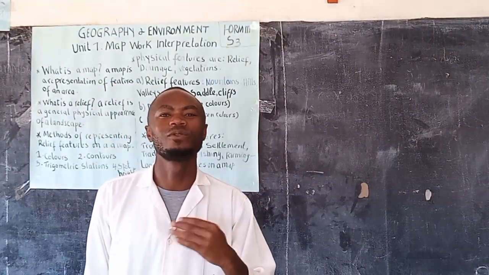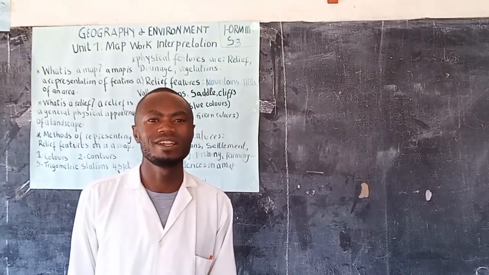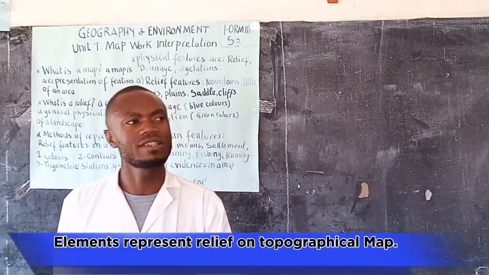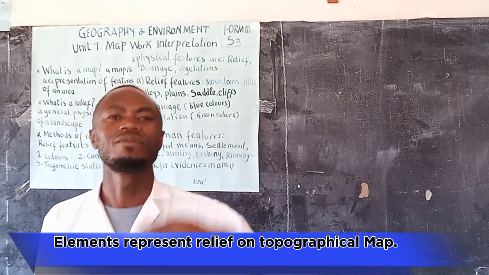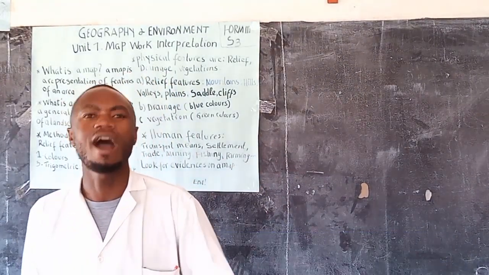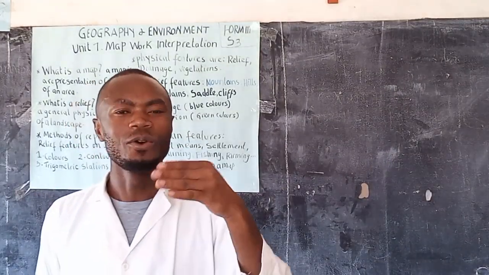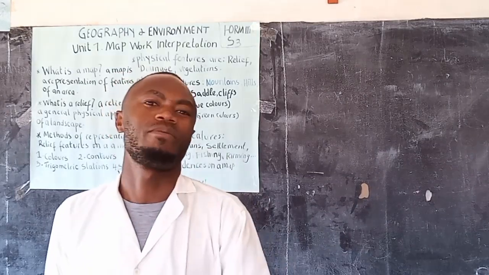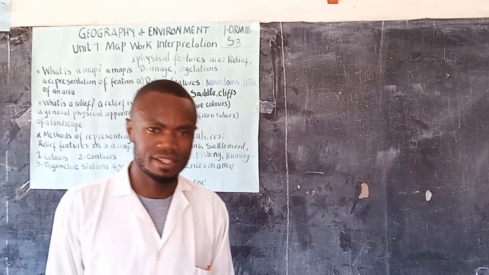I hope some of you know some methods, some elements, some techniques. We see how we show and describe relief on a map. That is the question. I hope you can answer.